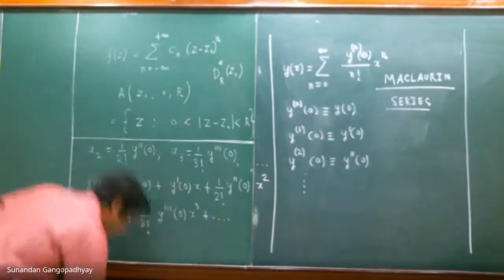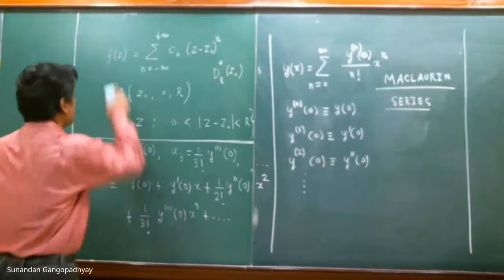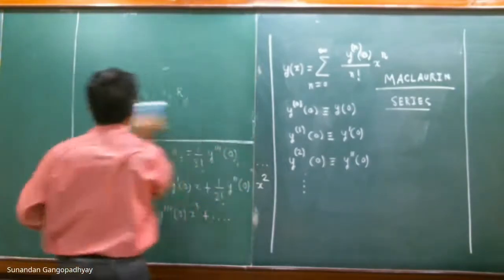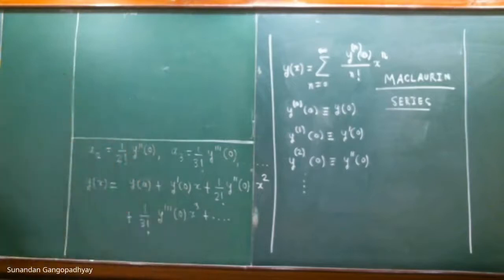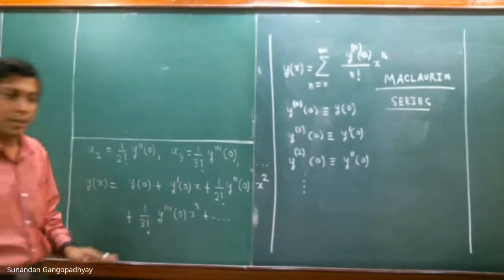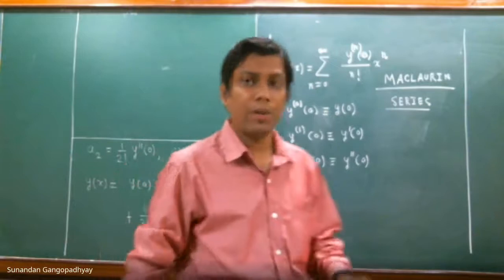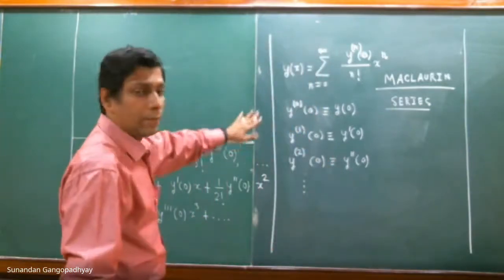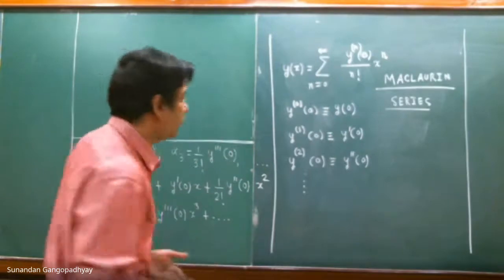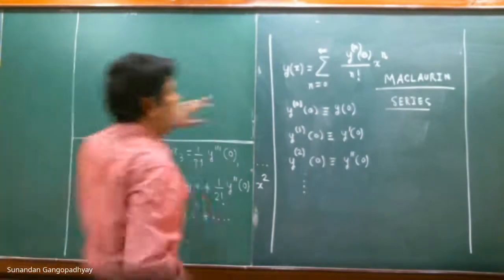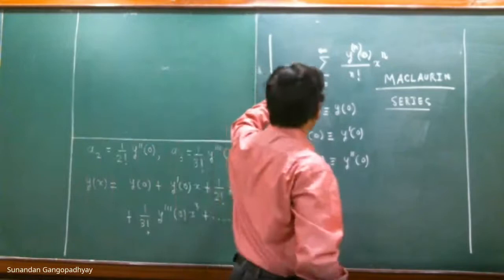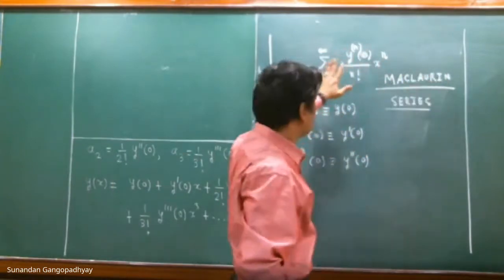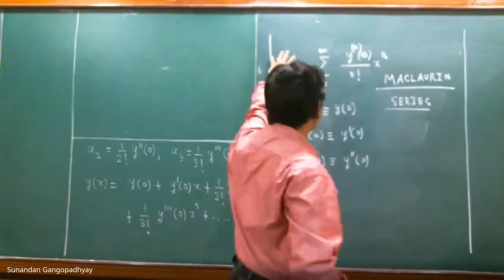And you can generalize it to a function of a complex variable like f of z. We shall actually derive this later on, in a more rigorous way, but I'm just showing you these things in a heuristic way. So when this function is a function of a real variable, this is called a Maclaurin series, since Maclaurin was the first to discover this.